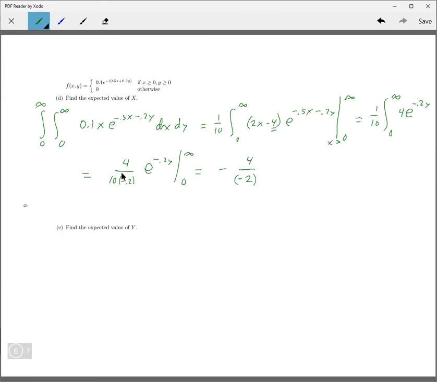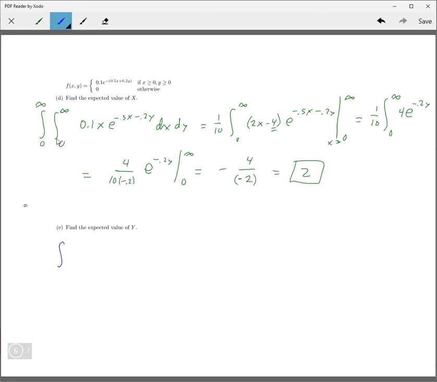So upper limit is 0. Lower limit is just this. Okay, so 2 is the answer for part C. And part D, I'm sorry. 2 is the answer for part D.